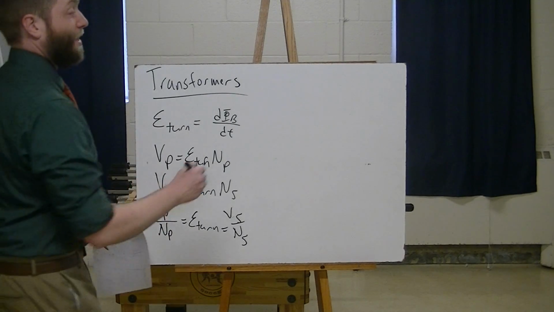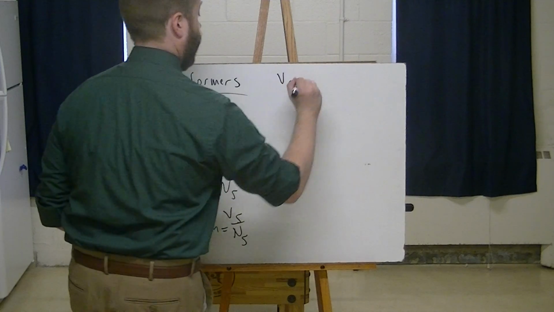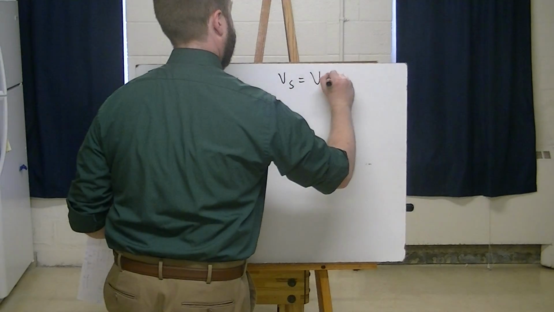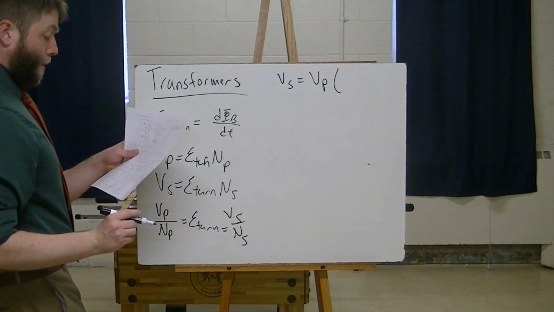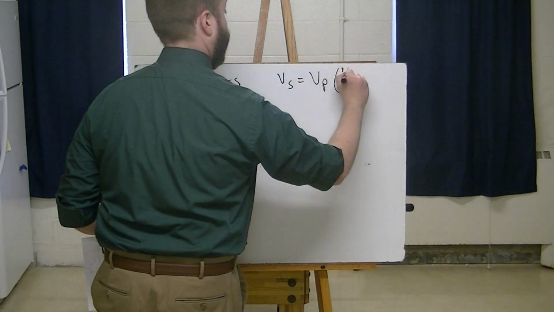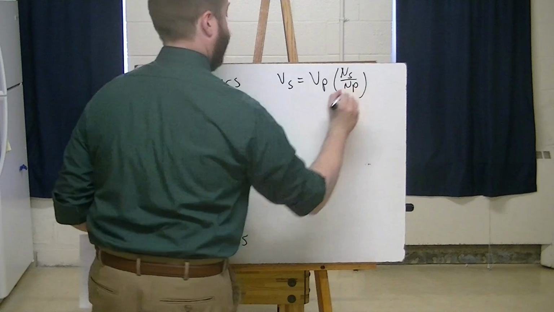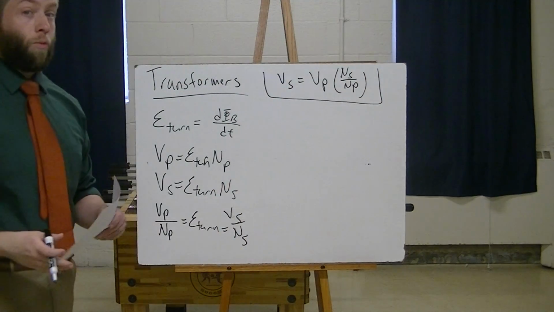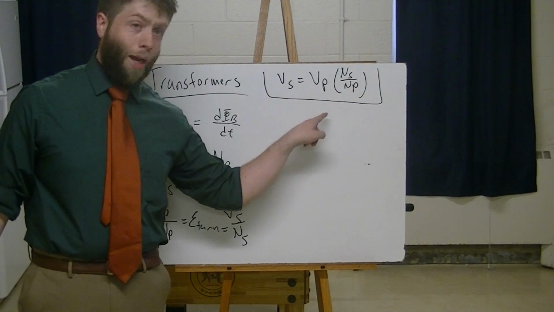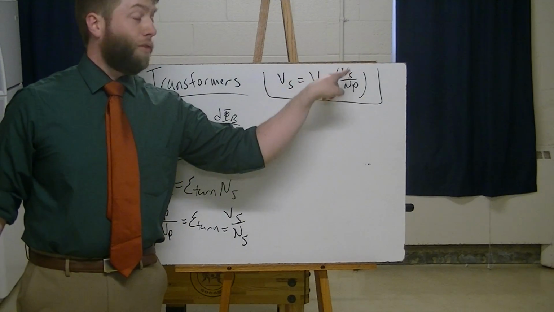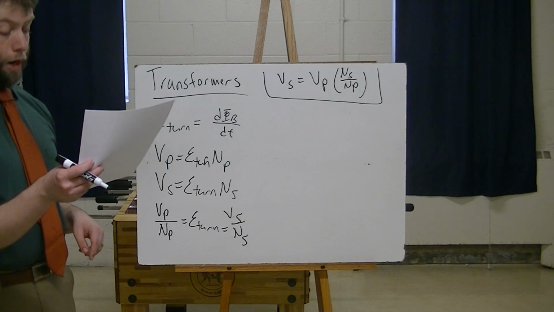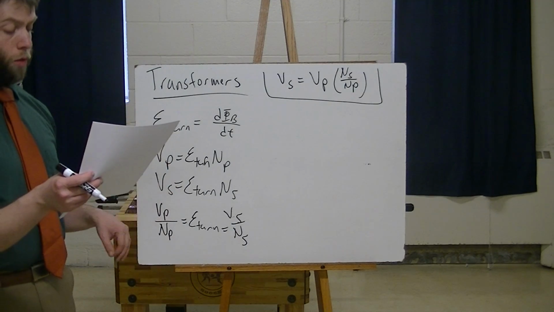What this means is that the secondary voltage we create inside of that second wire is going to be equal to the primary multiplied by N secondary over N primary. This is the big one that you need to know. The voltage in the secondary wire is equal to the voltage in the primary wire multiplied by the number of turns in the secondary divided by the number of turns in the primary. That's pretty straightforward.